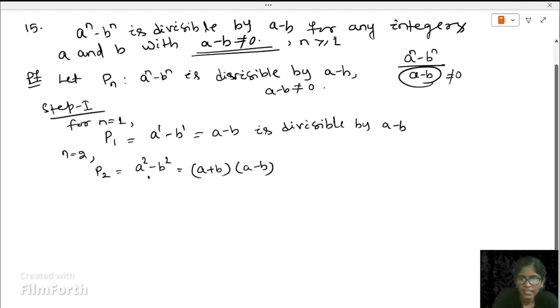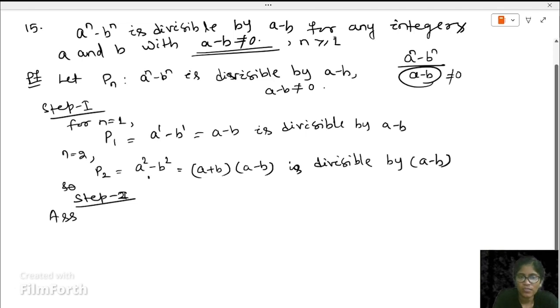Now, this is some multiple of a minus b, so we can write that this is also divisible by a minus b. Okay. So the first step is proved. Next, move to step 2.